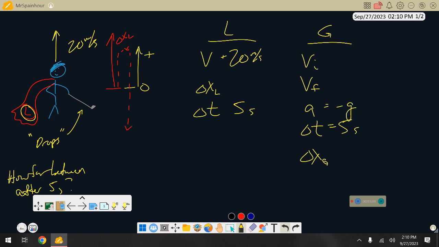Here's the mistake that people make, and this is why there's air quotes over here on drops. I said drops, so a lot of people want to put a 0 right here. Except here's the deal. When I say drops it, usually if a person is standing still, then yeah, you can make that assumption. Except Luke is already moving at 20 meters per second.